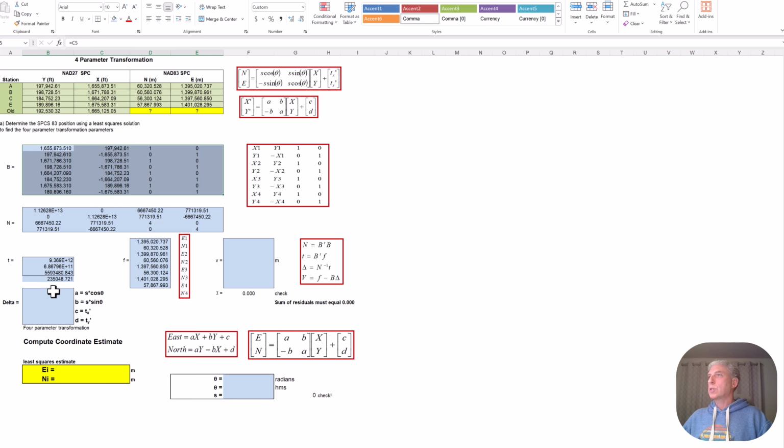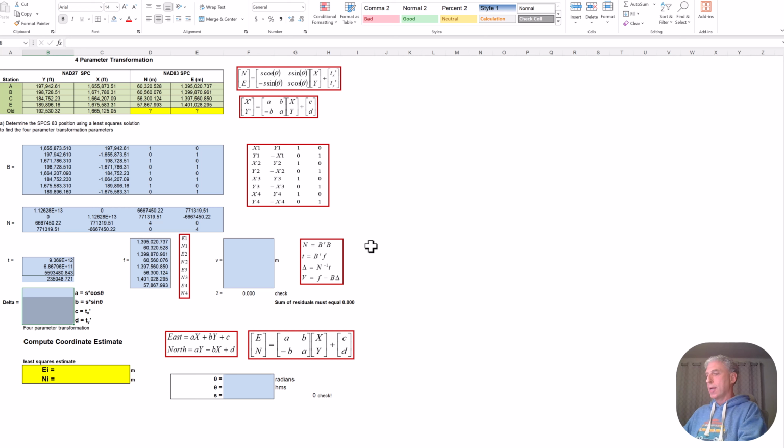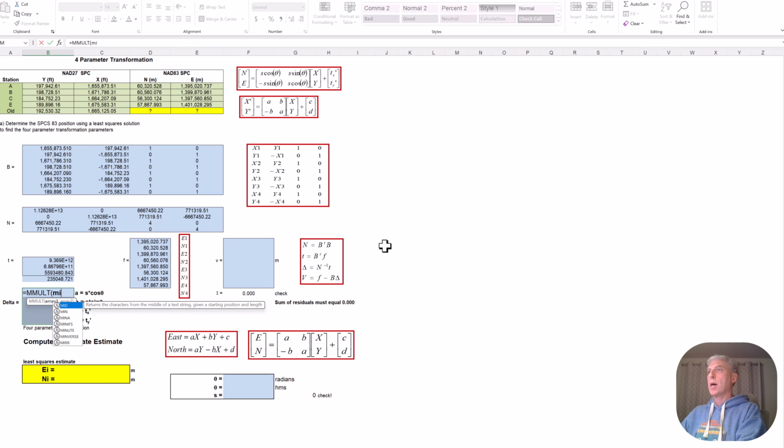All right, so let's get our delta matrix. What is delta? That's the inverse of our N matrix times our T matrix. So equals MMULT times the inverse. Remember, the function for the inverse of a matrix is MINVERSE. I'm fat fingering like crazy today.